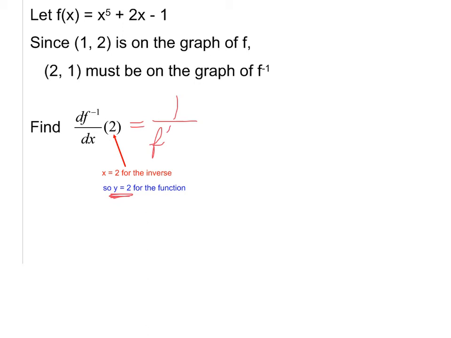Well, y was 2 meant x was 1, so the derivative of the inverse when x is 2 is the same as 1 over the derivative of the function when x was 1. Well, f prime for the original function was 5x to the 4th plus 2. When I stick 1 into that, I would get 7, so the derivative of the inverse when x is 2 is going to be 1/7.